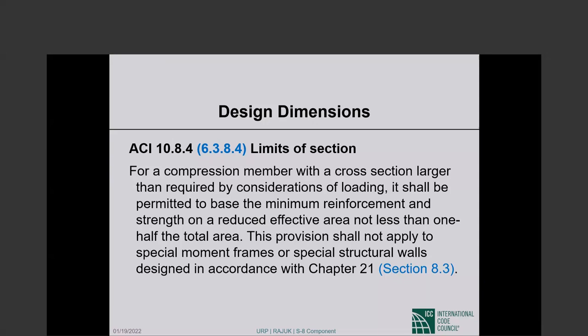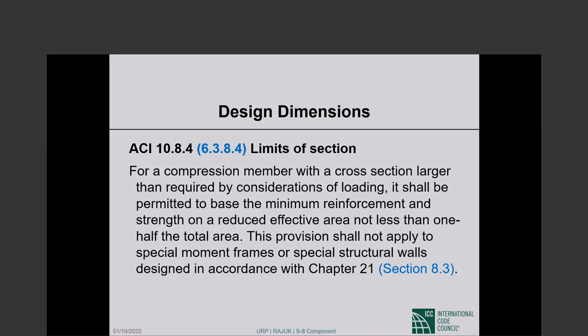So we go with 0.5% reinforcement. Now this decrease of 1% to 0.5% is not allowed in a column that is part of the seismic force resisting system in a high seismic design category. Okay, so that is what the last thing is saying.